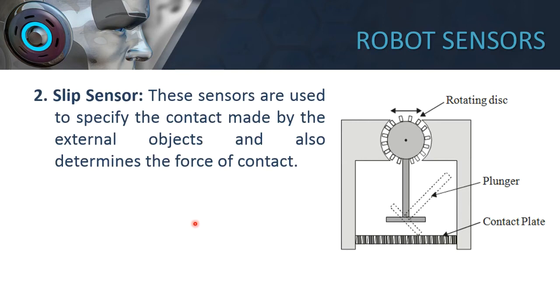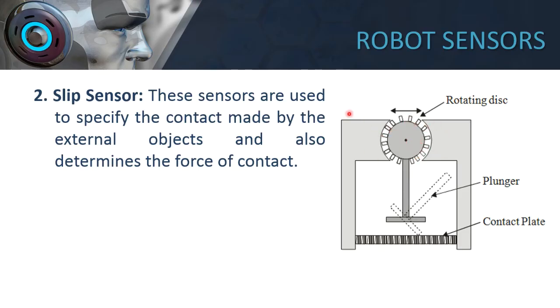Then you have a slip sensor. The second type of contact sensor is the slip sensor. These sensors are used to specify the contact made by external objects and also determine the force of a contact. If the identification has to be made whether the contact is done by external objects, then you require a slip sensor. This is a rotating disc.